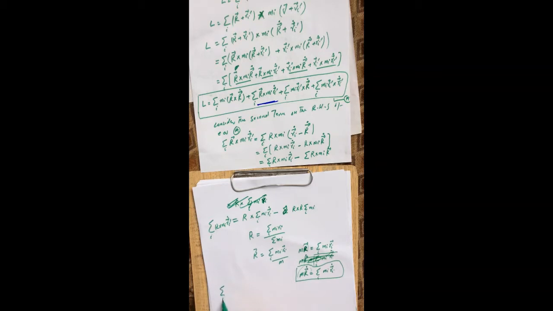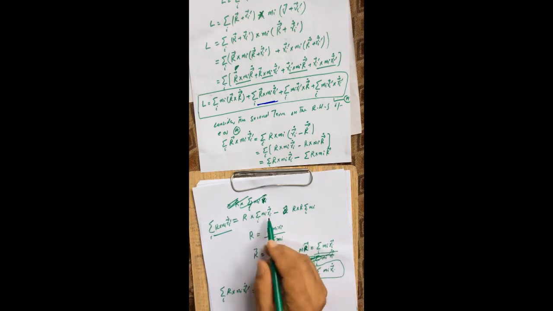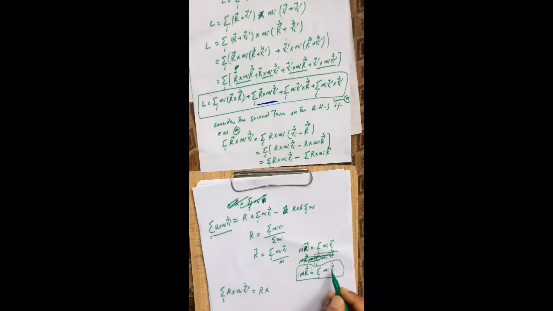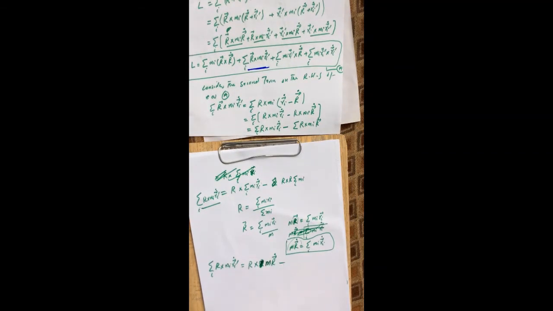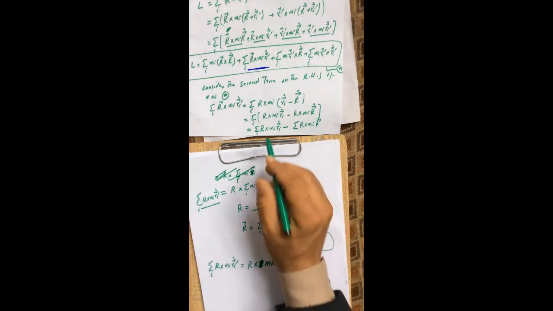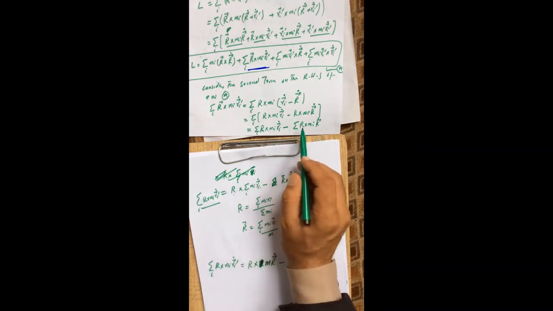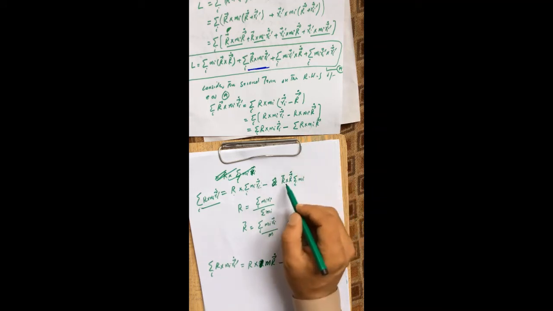So here we have this summation over I r cross mi ri prime dot, okay, this quantity is equal to, now this is r cross, we have mi ri dot, and we have sum of mi ri dot is equal to M r dot, this is capital M, and we have this r dot, okay, minus, we have this r, and this is r dot, okay, because we have r cross mi ri dot, minus r cross mi r dot, so r cross r dot into mi.